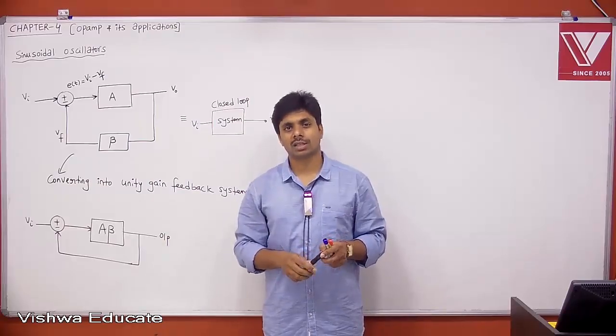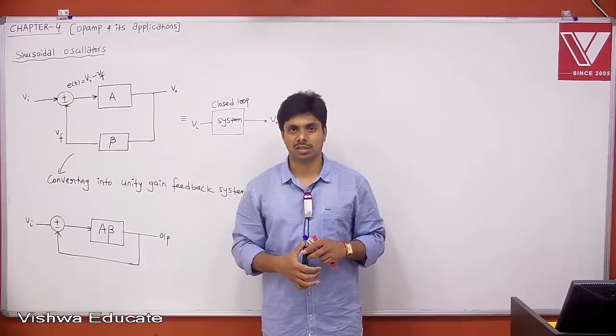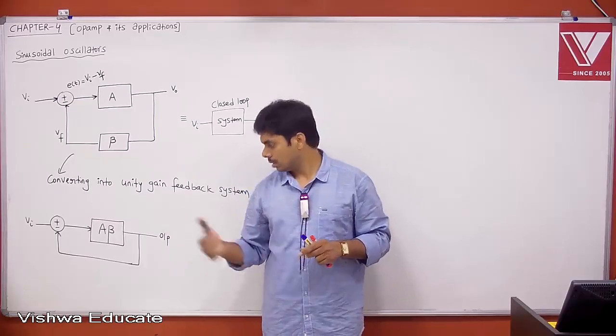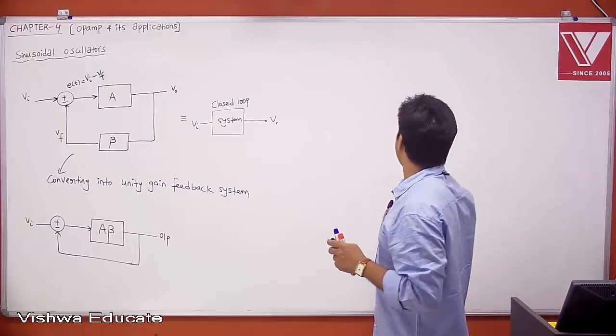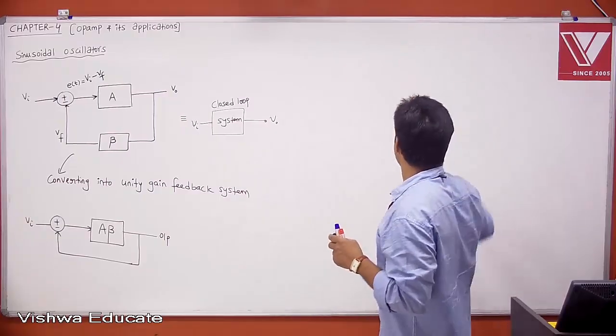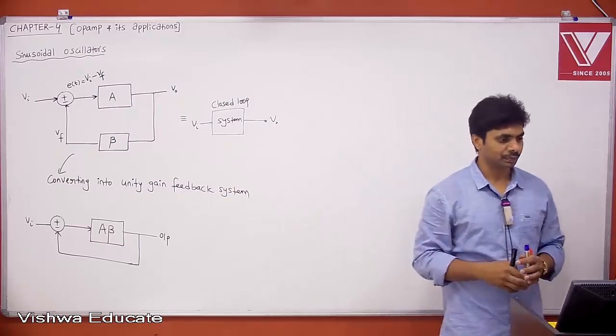Out of the 4 conditions, the last one is what is going to give you sustained oscillations. I'll explain that part because I need space. If I start explaining here, I actually want 4 columns so we can compare easily.